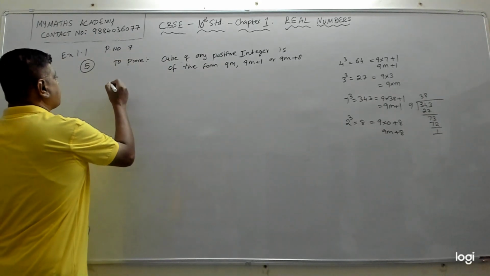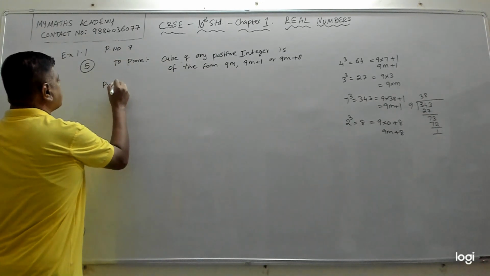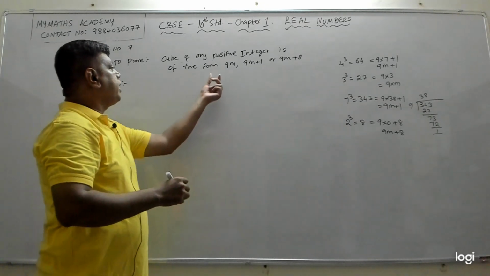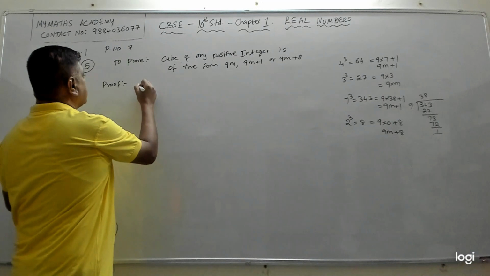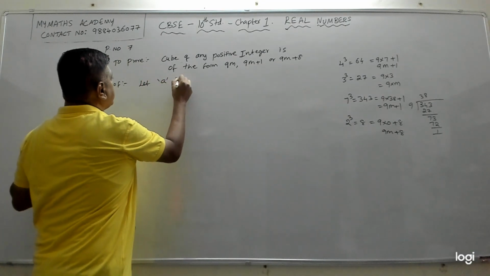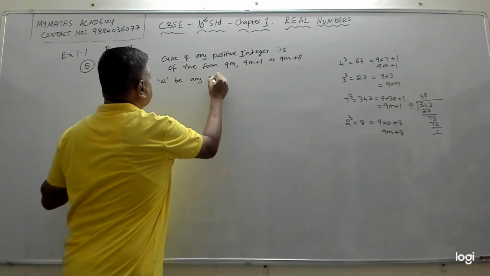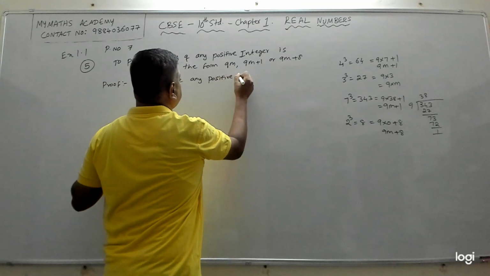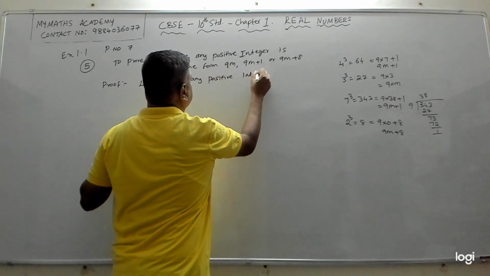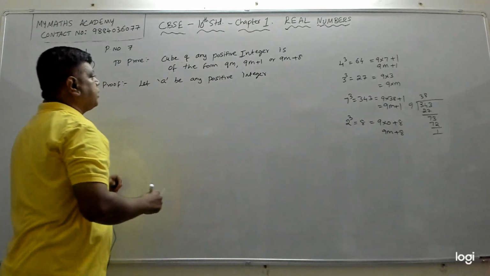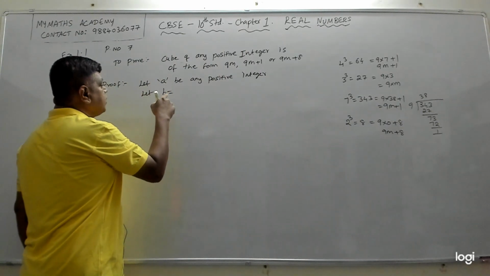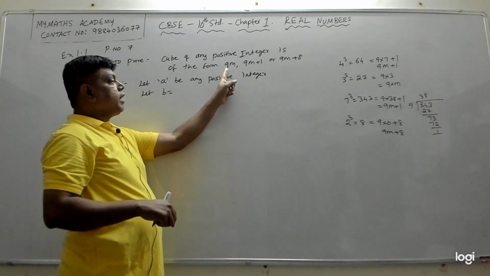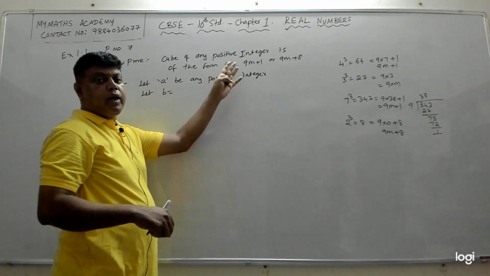So the solution or proof is, whenever we want to prove 9m or 9m plus 1 or 9m plus 8, we take, let a be any positive integer. Now generally we will take b as 9, whatever form we need to prove, 9m, 9m plus 1, 9m plus 8.